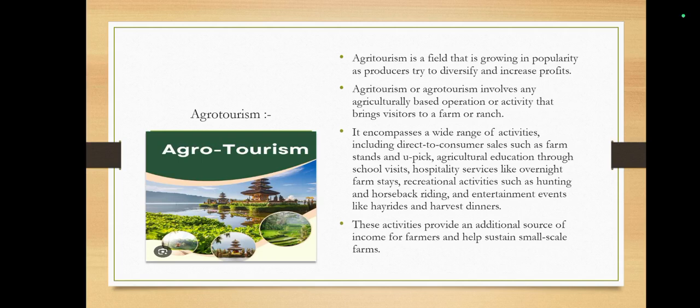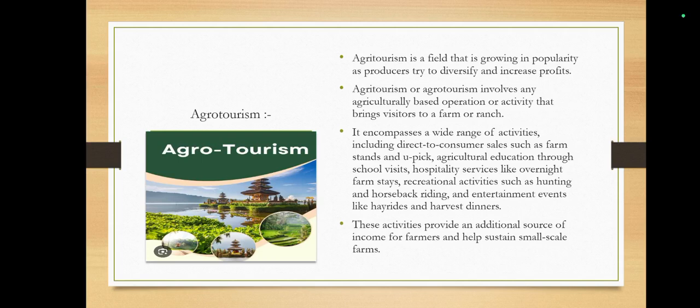Agritourism or agrotourism is a field that is growing in popularity as producers try to diversify and increase profits. It involves any agriculturally based operation or activity that brings visitors to a farm or a ranch.